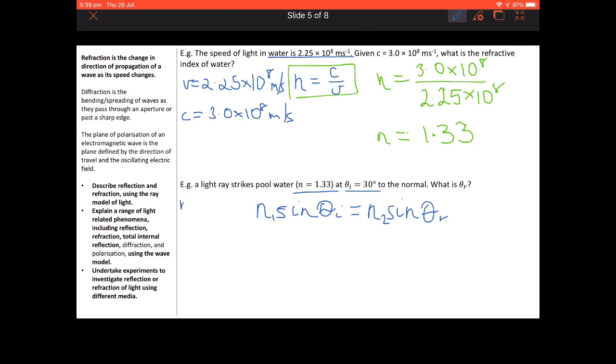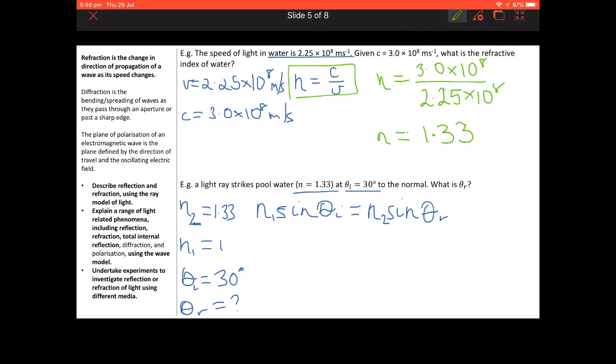We know that N2, which is the pool water, is equal to 1.33. N1 is the air, so that's just 1. If it's not stated in the question, then you can presume that it's 1. The angle of incidence is 30 degrees, and we are looking for the angle of refraction.